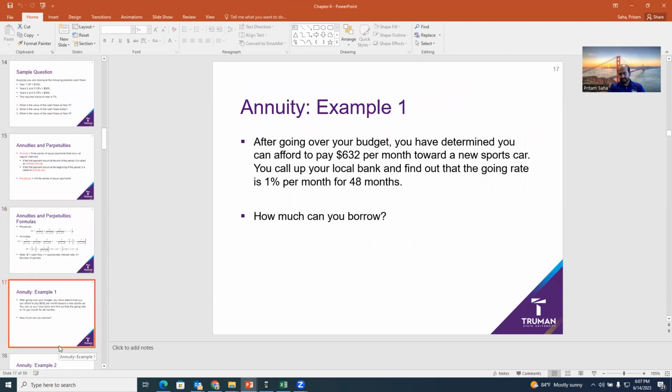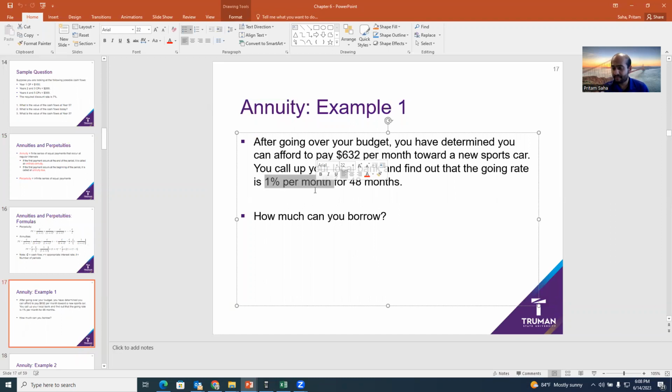Now let's talk about this problem and let's solve it. It's trying to tell you, after going over your budget, you have determined you can afford a $632 monthly payment. You call your bank and find out the rate is 1% per month. So we always have to plug in the periodic interest rate.